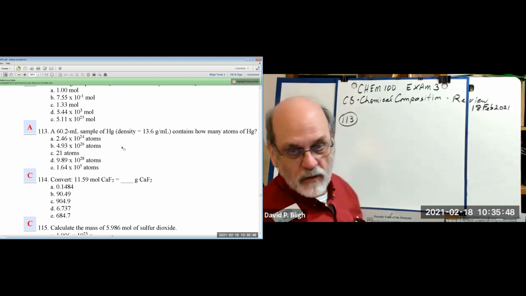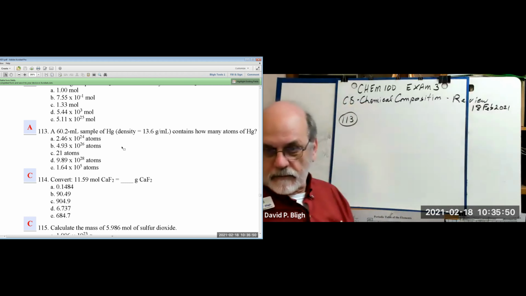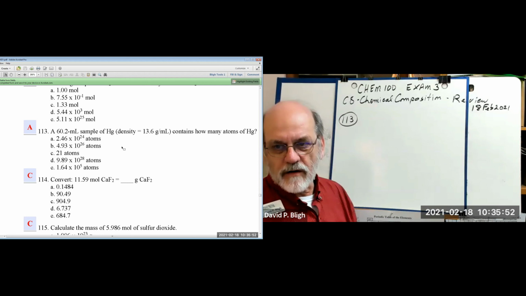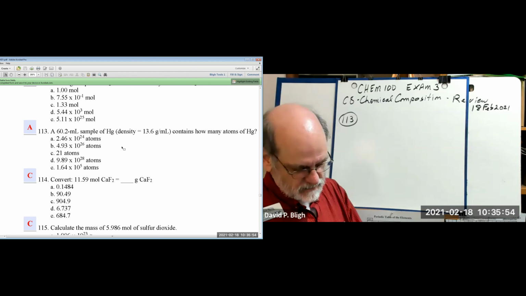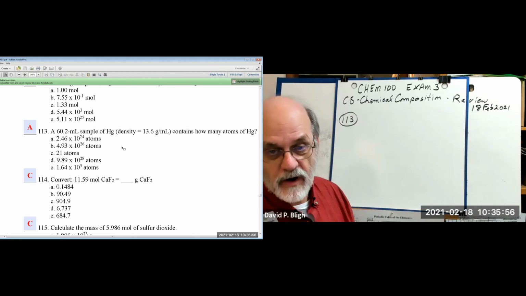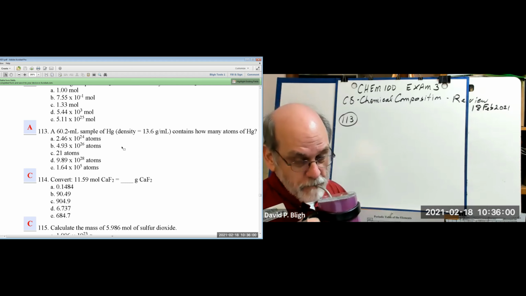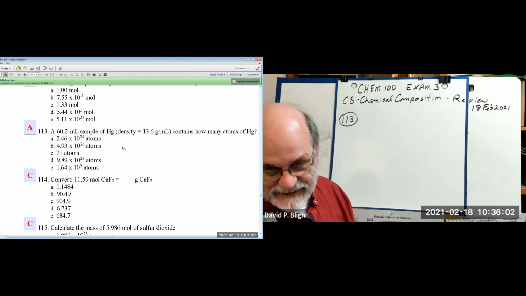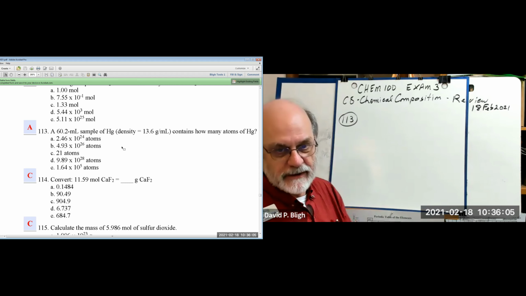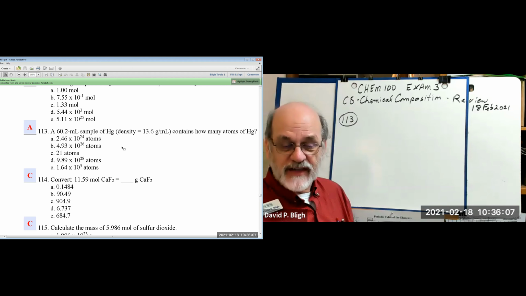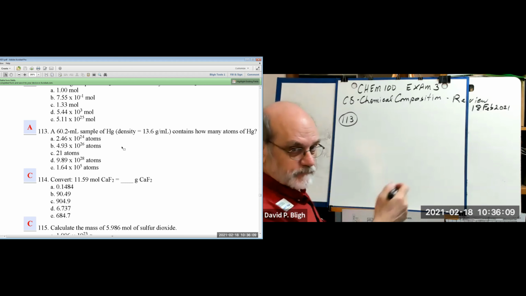All right, so what's the question? How many atoms of Hg? By this time, you ought to have all those 50 some odd elements memorized. Hg is mercury. So you have a sample of mercury, 60.2 milliliter sample.